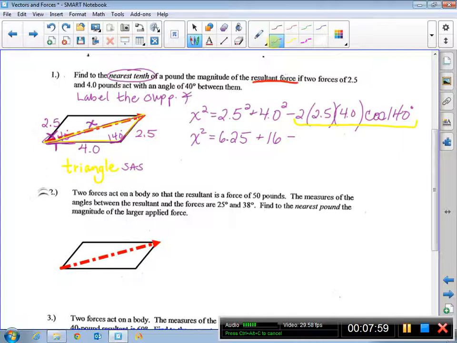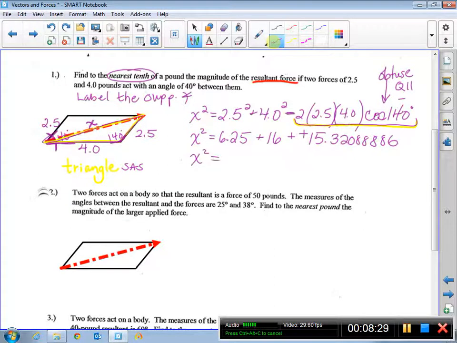Notice that you get a negative value. Do you know why we get a negative value? If you said because cosine for an obtuse angle is cosine in quadrant 2, and cosine in quadrant 2 is negative, you would be right. So this entire term gives you a negative, and with the original subtraction we'll end up adding.